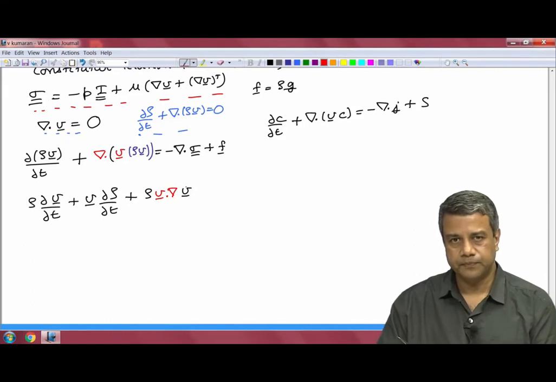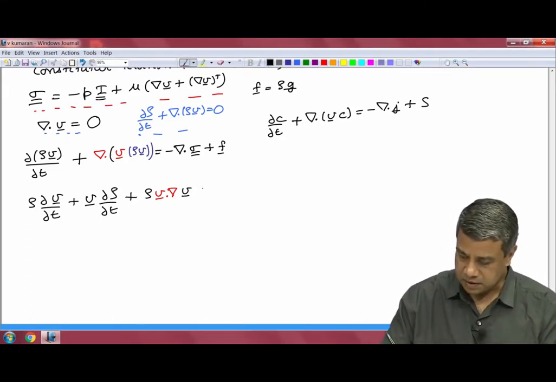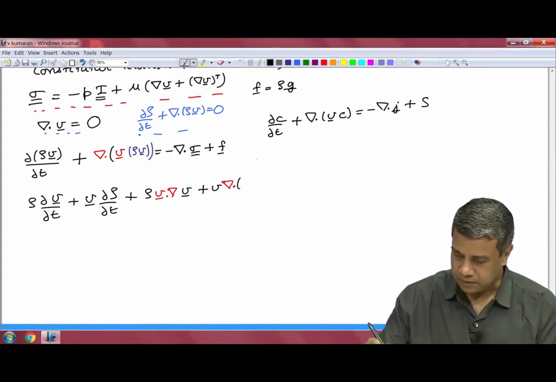Plus a second term which contains v times the divergence of v times rho.